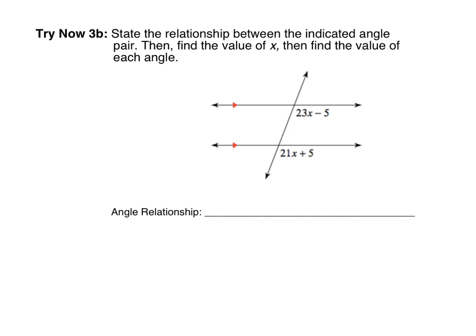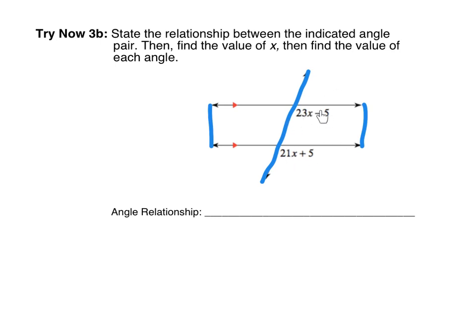Try now 3b says state the relationship between the indicated angle pair, then find the value of x, then find the value of each angle. So I have my transversal here. I'm going to form my little rectangle. Now I noticed that 21x plus 5 and 23x minus 5 are on the same side of my transversal. They're both over here.